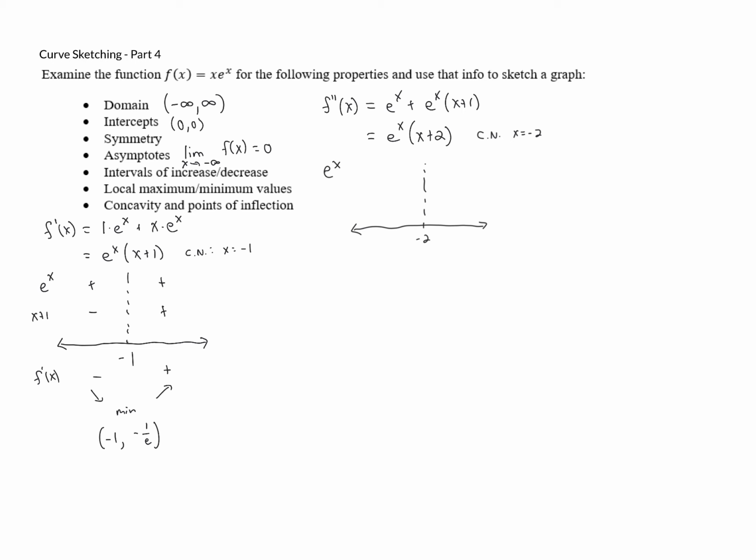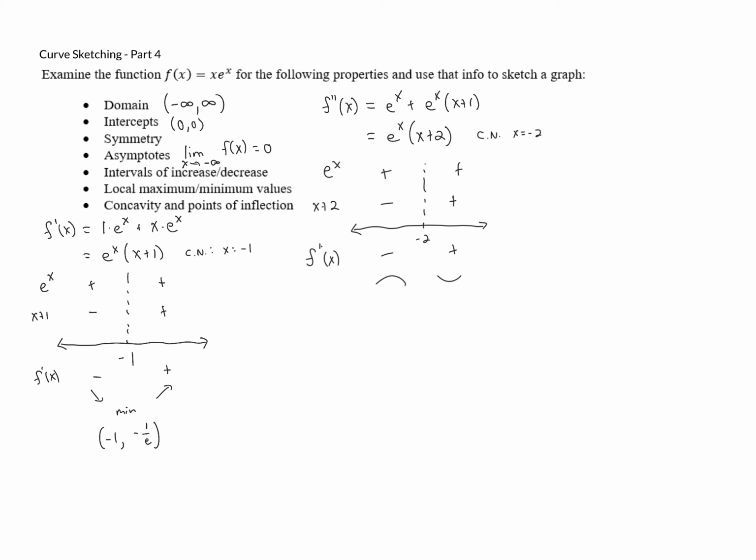E to the x, again, is always positive. X plus 2 is going to be negative when x is less than negative 2, and then positive. So our second derivative is going to be negative and then positive. So that's going to be concave downward up until negative 2, and then concave upward after that. So that is good to go.